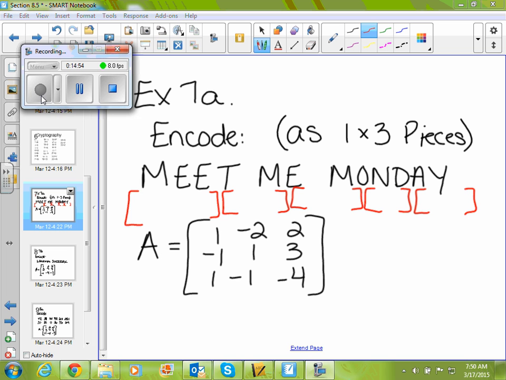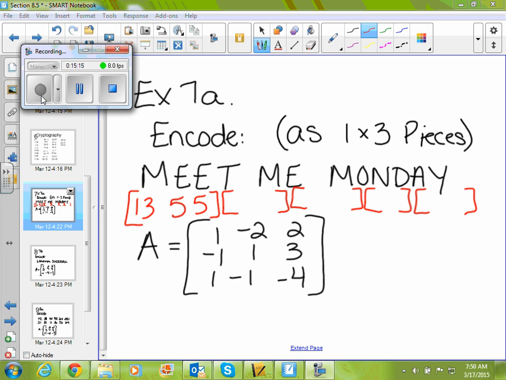If I look up what M represents from our cryptography sheet, I can see that M is represented by the number 13. Then if I look up E, I see that E is represented by the number 5. So my first coded matrix is 13, 5, 5.